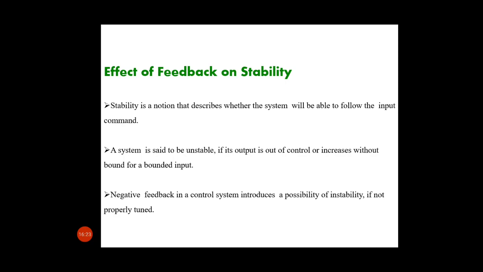That means you do not have control of the system, so the system is unstable.